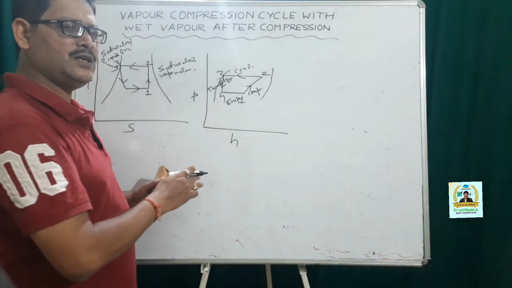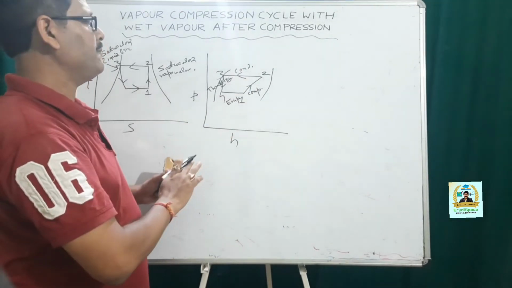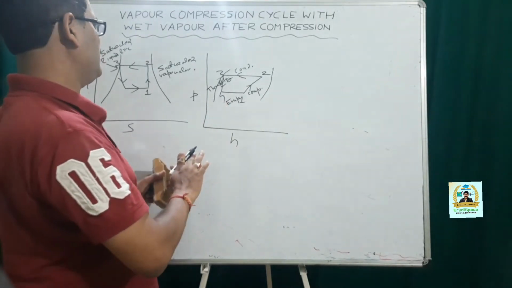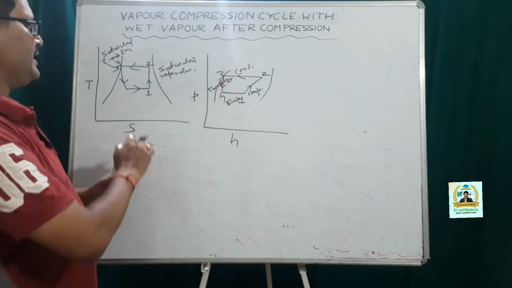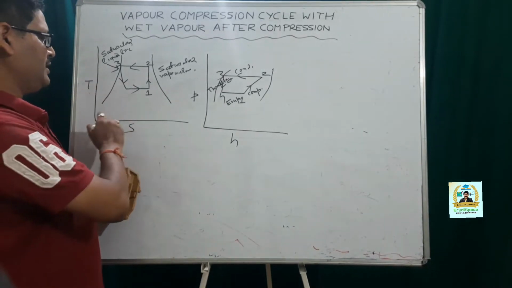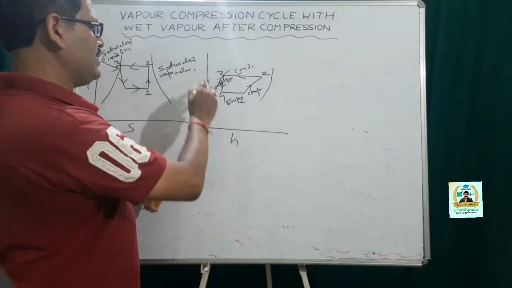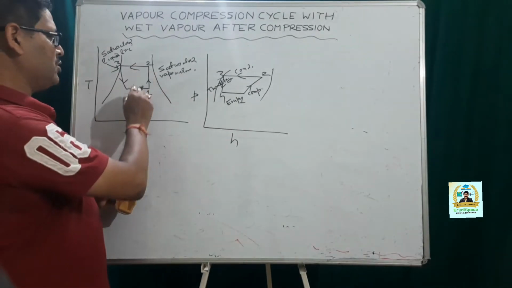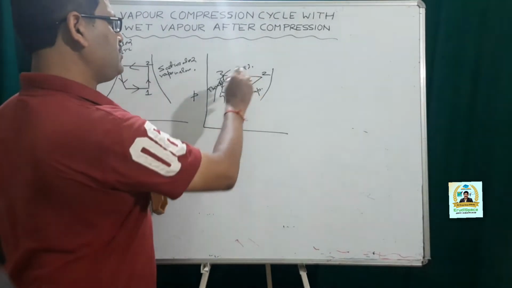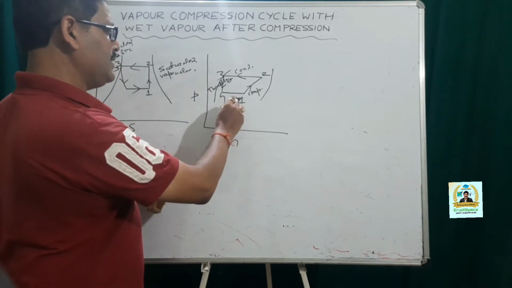In the compressor, it will be compressed, and due to compression, its pressure and temperature are raised. That you can observe from both the TS diagram as well as the PS diagram. T2 is more than T1 and P2 is more than P1.